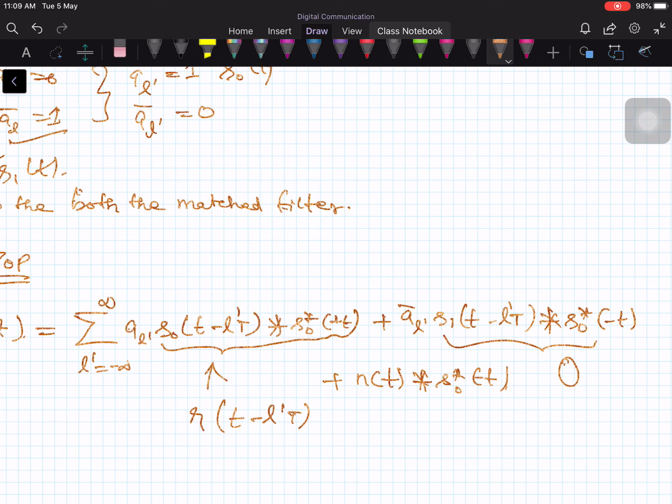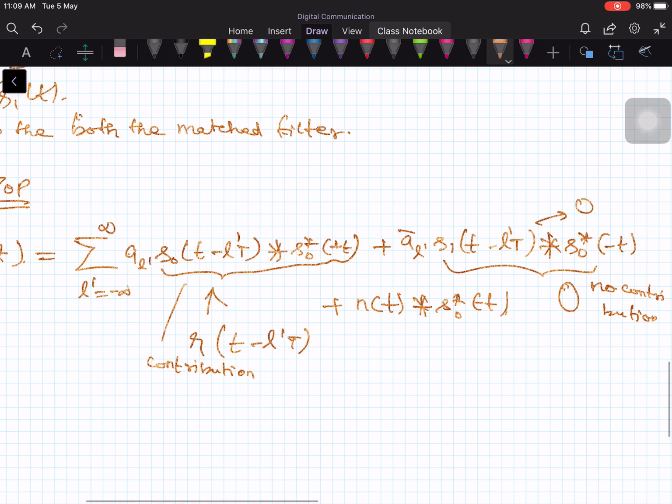There is no contribution, so really you'll get the contribution only from this one. Here there is no contribution because S0 of t and S1 of t are orthogonal, so this convolution value will be 0.